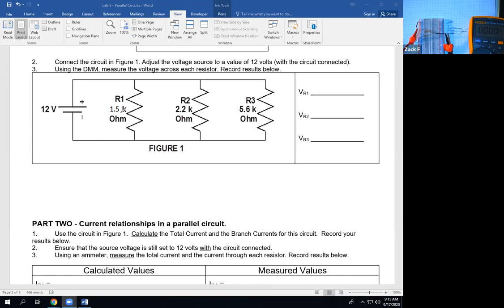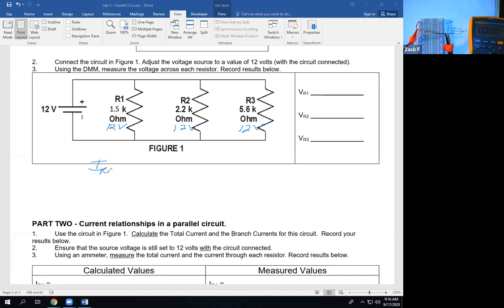Okay, R1, 1.5 kilo ohms, how many volts? R2, 2.2 kilo ohms, how many volts? R3, 5.6 kilo ohms, 12 volts. So the current across each branch we can find using resistance and volts; we need to find I, current.